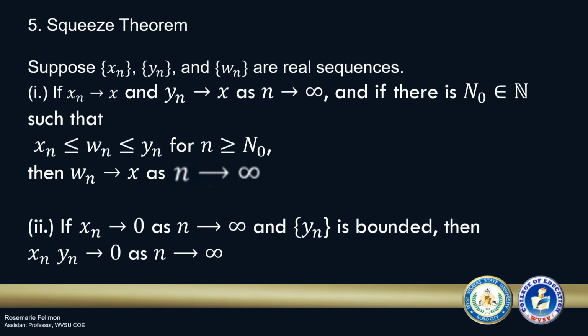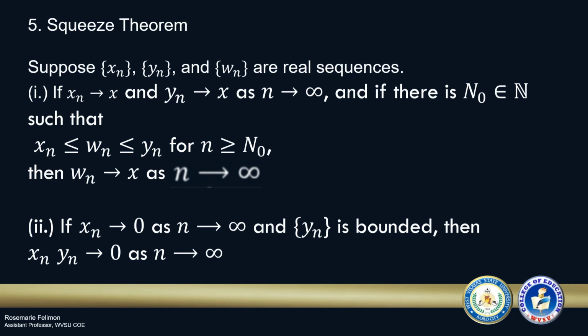Here is the theorem. Suppose the sequence x sub n, the sequence y sub n, and the sequence w sub n are real sequences. That means that the terms of these sequences are real numbers. If x sub n approaches x and y sub n approaches x as n approaches infinity, and if there is n sub 0 an element of the set of natural numbers such that x sub n is less than or equal to w sub n is less than or equal to y sub n for n greater than or equal to n sub 0, then w sub n approaches x as n approaches infinity.